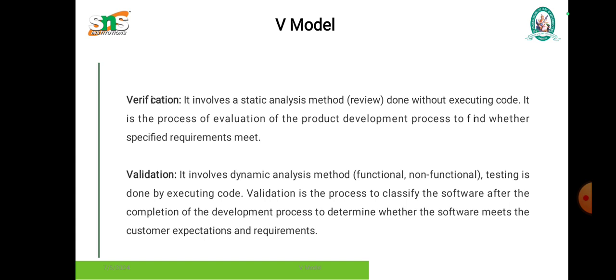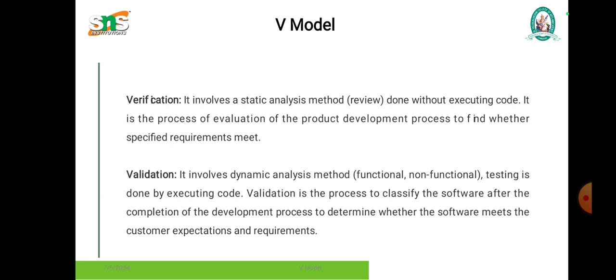Verification involves a static analysis method. It is called a review method, and it is done without executing the code. It is the process of evaluating the product development process, which helps to find whether the specified requirements are met or not. And validation involves a dynamic analysis method.